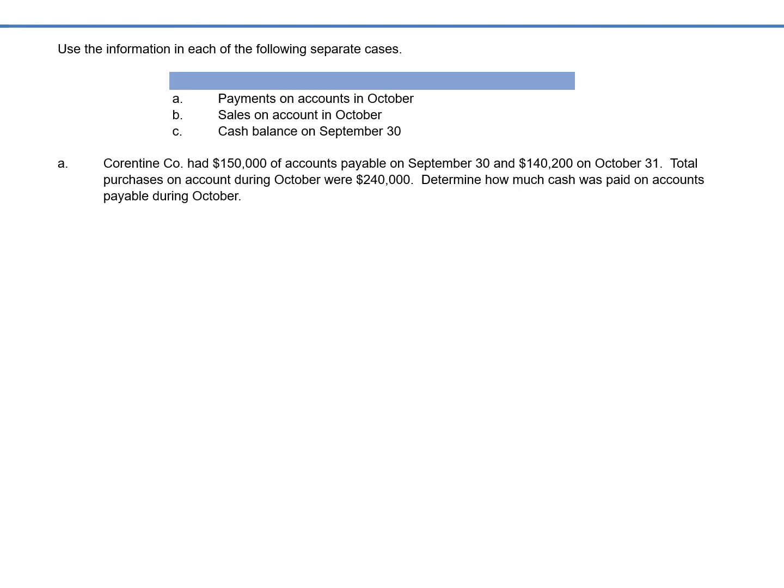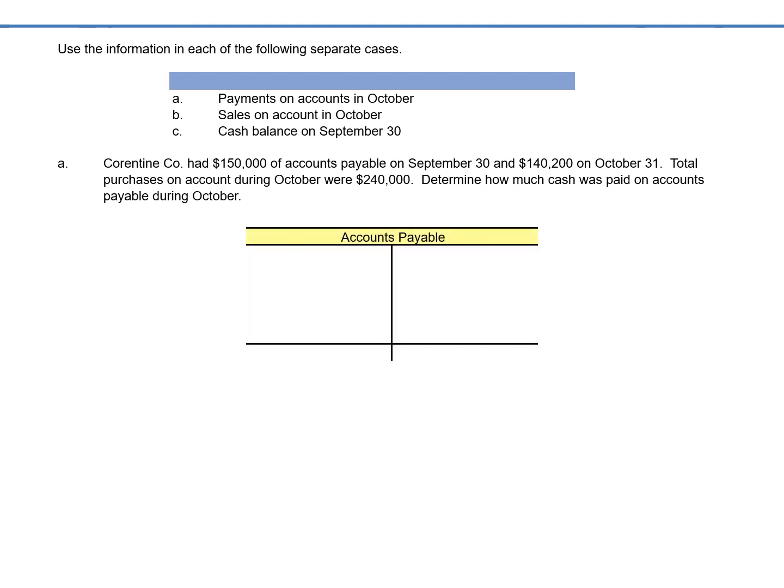Okay, so in A, Quarantine Company had 150,000 of accounts payable on September 30th, 140,200 on October 31st. Total purchases on account during the month of October were $240,000, and they ask us to determine how much cash was paid on accounts payable during October.